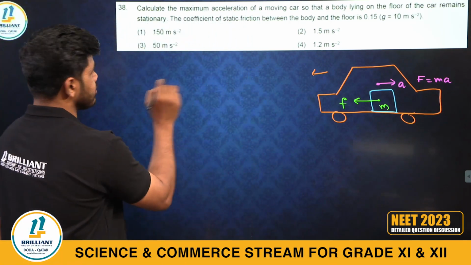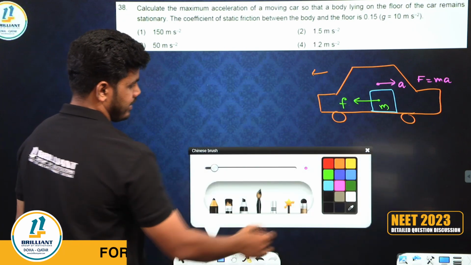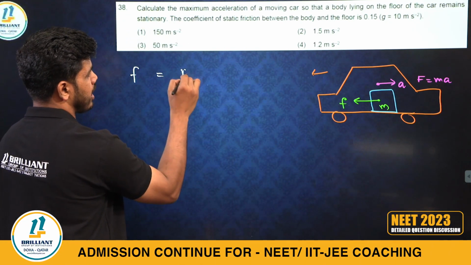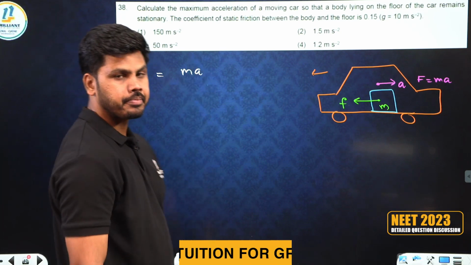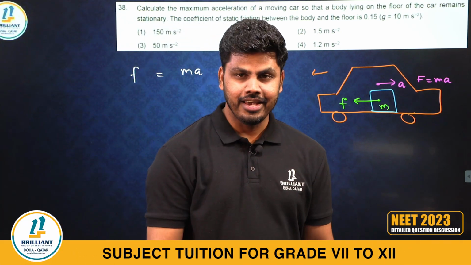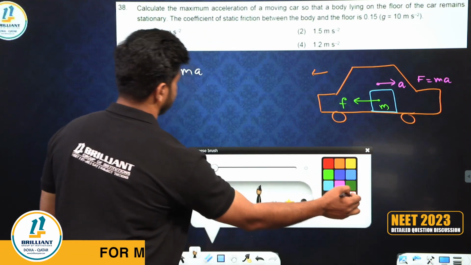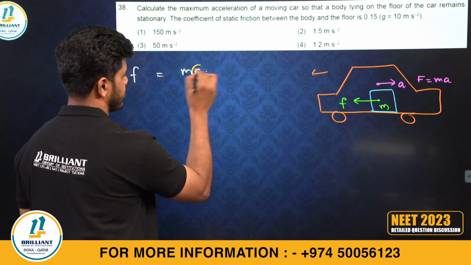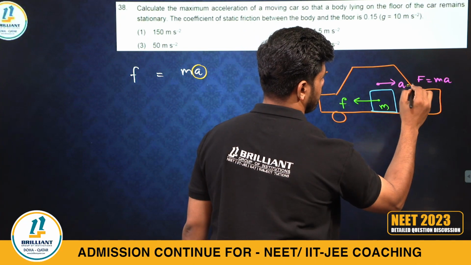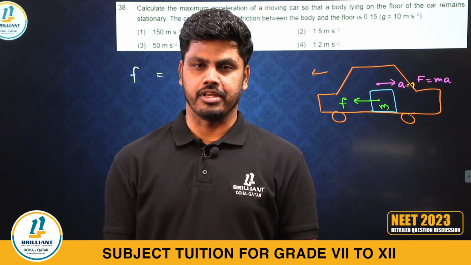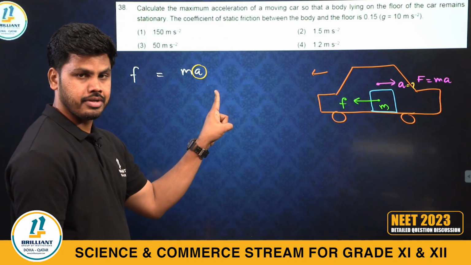So the condition for the block to be stationary is that the frictional force should be equal to the force acting on the body, MA. What is that A? Acceleration of the car. The question is, what should this acceleration be? The maximum acceleration of the car allowed so that the block remains stationary. We have to find out this acceleration.